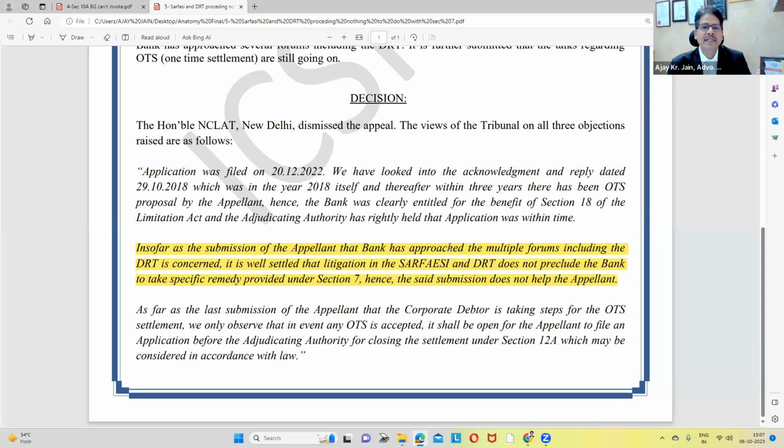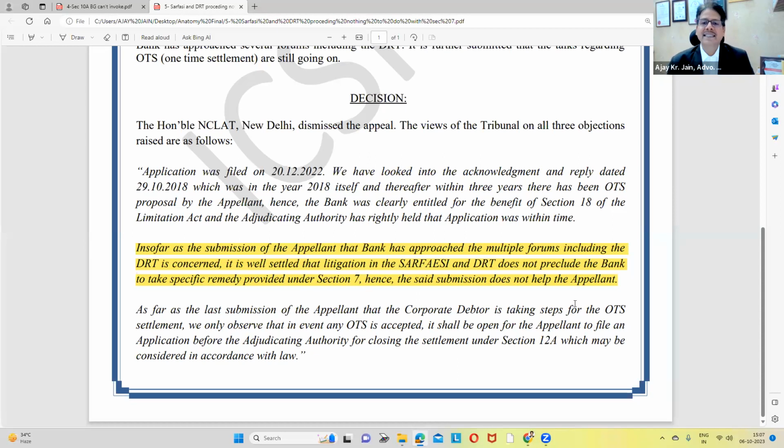Settlement took place between the parties. Thereafter, insofar as the submission of the appellant that the bank has approached multiple forums, including the DRT, is concerned, it is well settled that litigation in SARFAESI and DRT does not preclude the bank from taking the specific remedy provided under section 7. Hence, the said submission does not help the appellant.